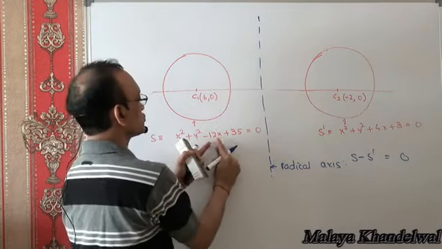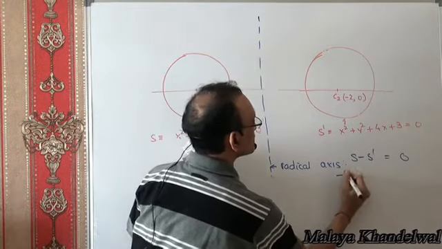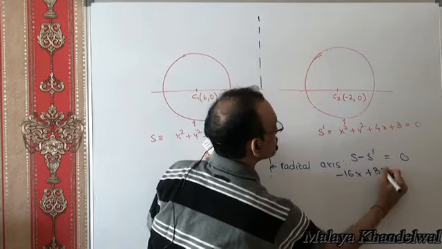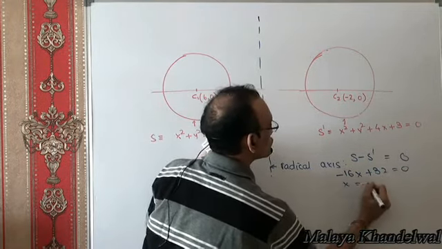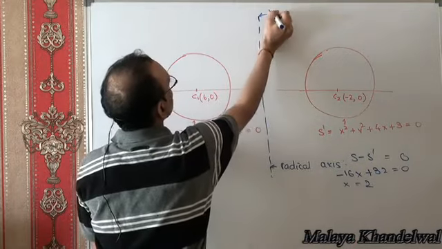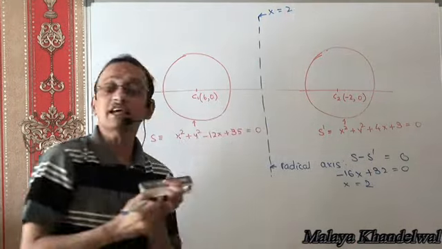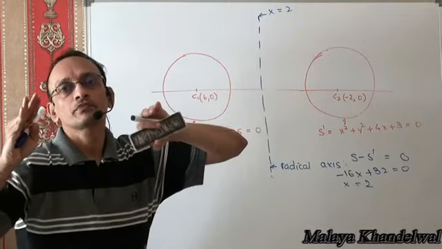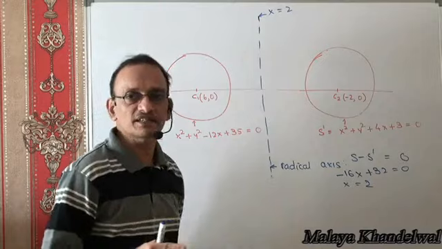S minus S prime equal to 0 means minus 16x plus 35 minus 3, 32, equal to 0. That means x equal to 2. That means the equation of the radical axis is x equal to 2. The center of that circle, which is orthogonal with these two circles, lies on this line x equal to 2.